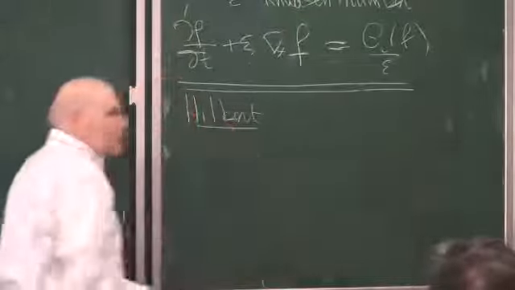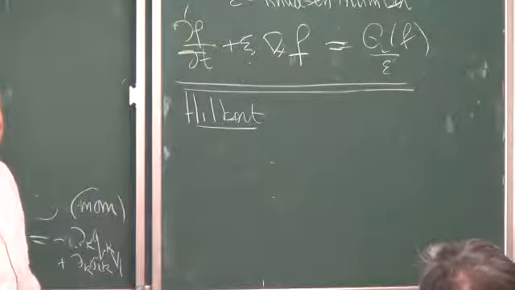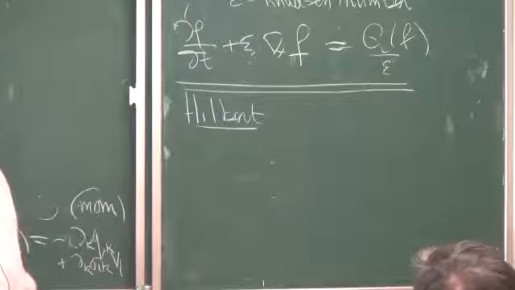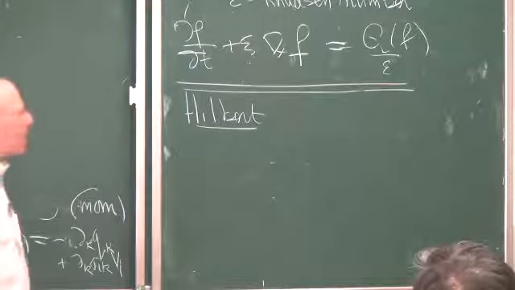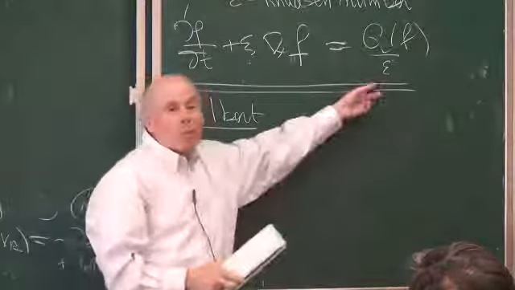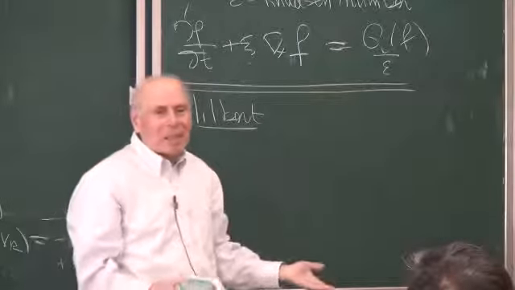Needless to say, if Hilbert postulated this question, he must have tried to solve it for himself. So Hilbert himself tried this. And what did Hilbert do? Hilbert said, oh, I see a small parameter epsilon. Let me try a matched asymptotic expansion.